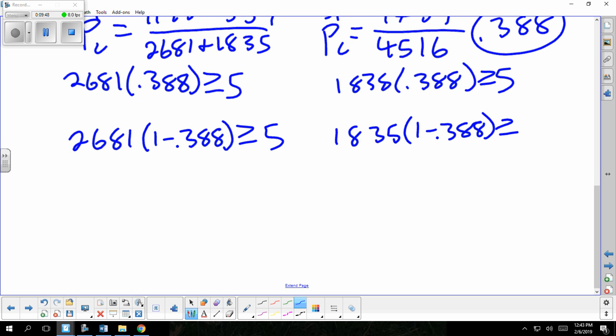So we need to crank each of these out. So we have 1040.2 greater than or equal to 5. Check. Remember, this is to make sure that our central limit theorem can apply. And we got 1640.7 is greater than or equal to 5.